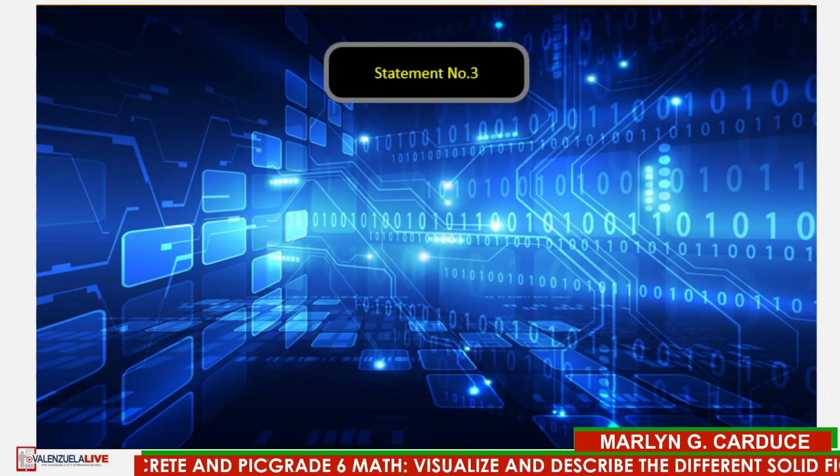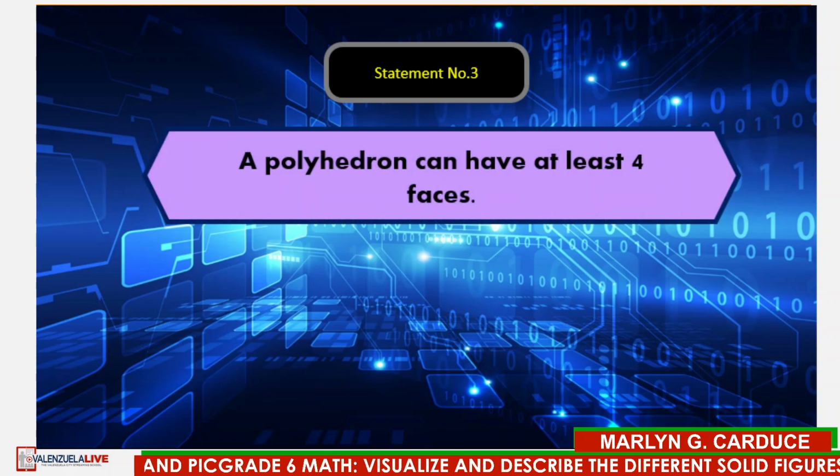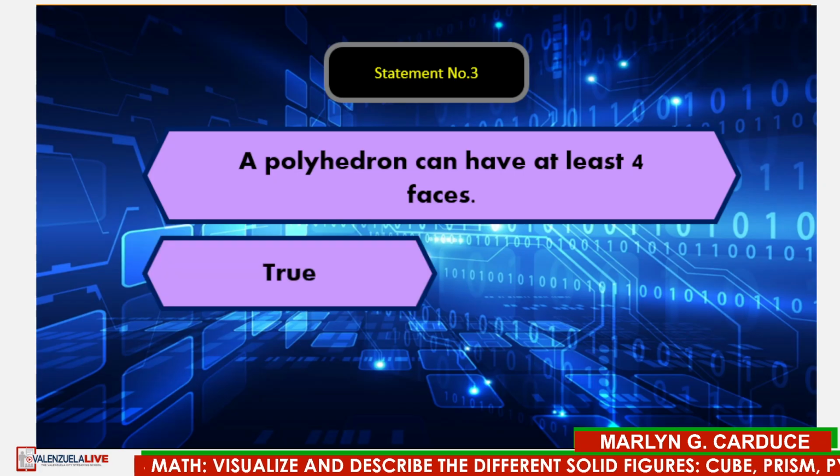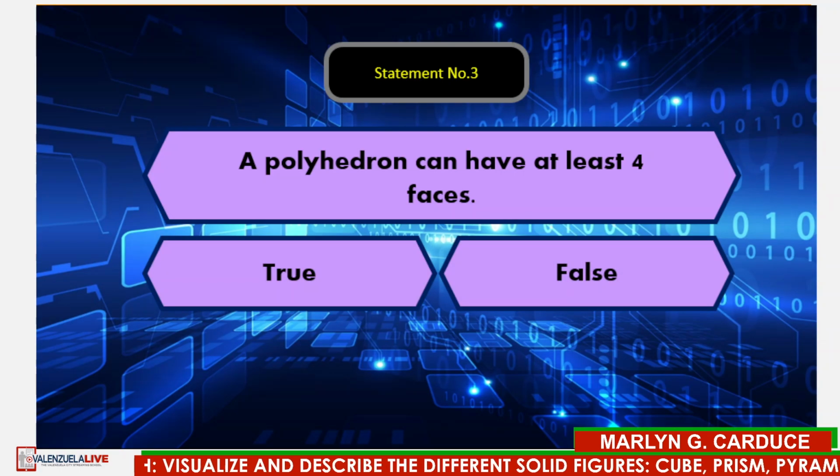For statement number 3, a polyhedron can have at least 4 faces. Is it true or false?